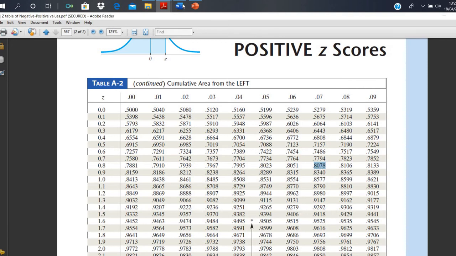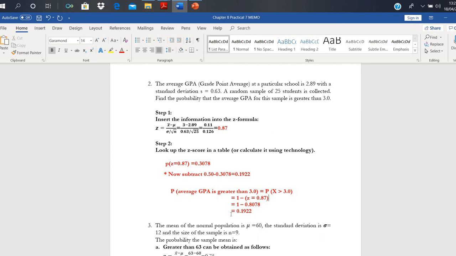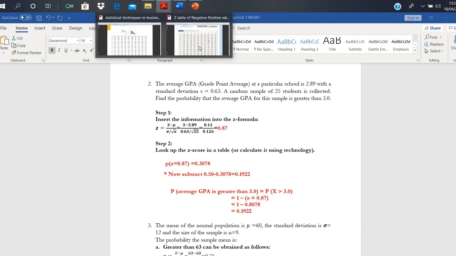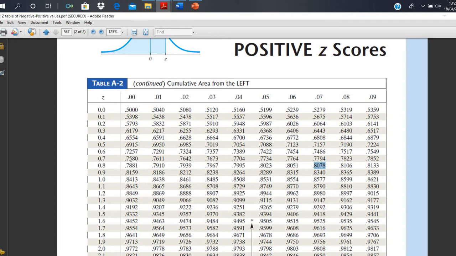So now what you do to find that probability, you will take 1, the probability of 1, minus the probability of Z to be equal to 0.87. So if you determine this probability, remember here in the table, the probability of Z is here. 0.87 is here. Here is the probability.